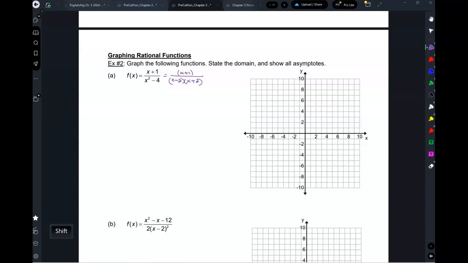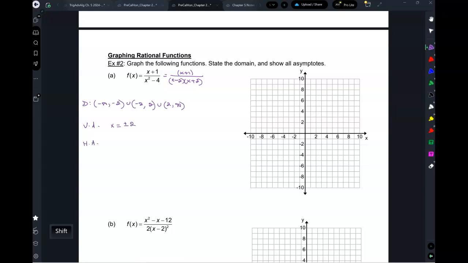Okay, so first we factor. Okay, let's state the domain. Okay, I think we are experts at this by now. Okay, what are the vertical asymptotes? 2 and negative 2. So you can write x equals plus or minus 2.